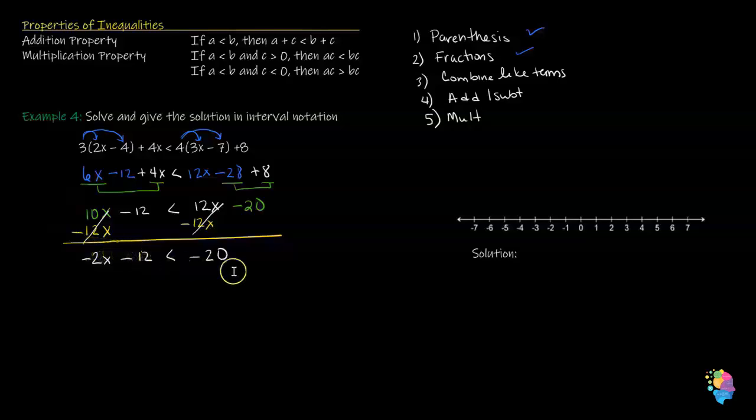Now I have these two like terms. These are numbers. Let's move them by adding or subtracting. So this minus 12 is going to turn into a plus 12. So I add 12 to both sides. And you might be asking, why are you moving the minus 12 and not the minus 20? Well, because the x is on the left side and I want to leave the x alone, I need to move this minus 2 and this minus 12.